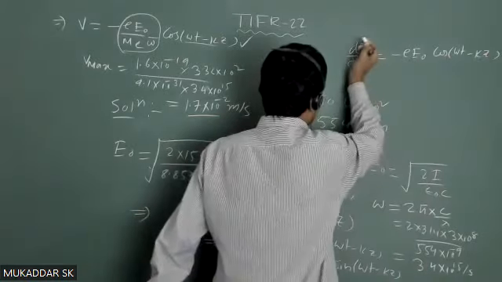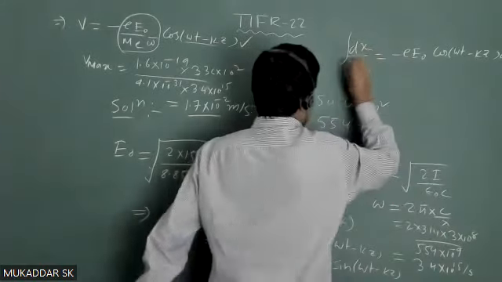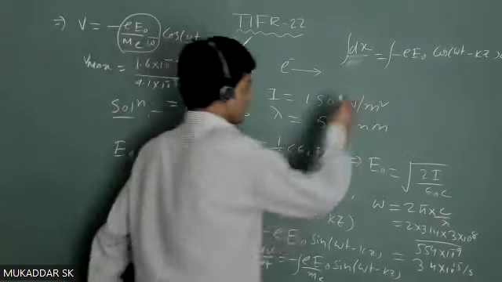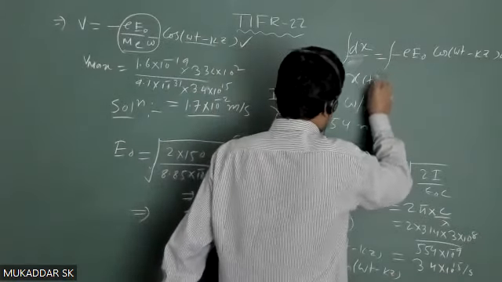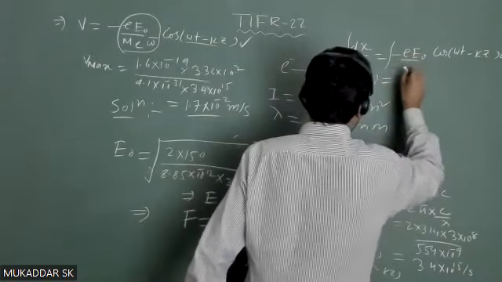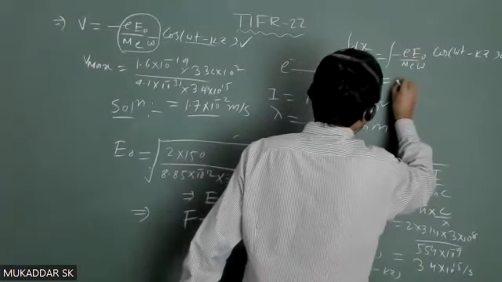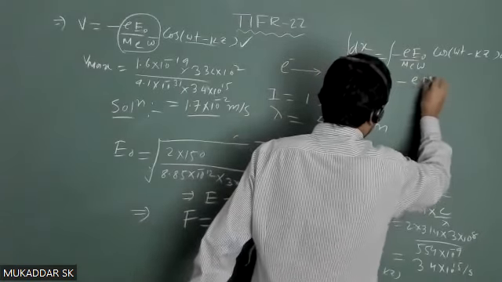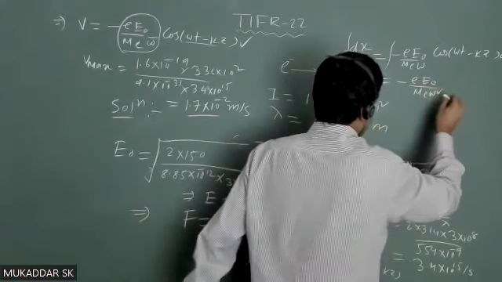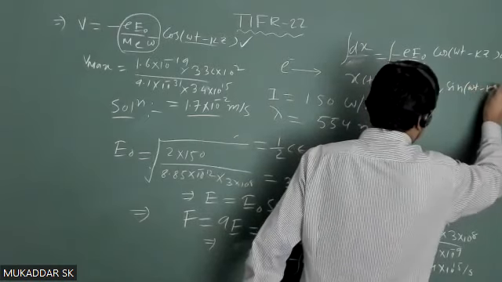If we keep dt this side and integrate, we'll get the displacement as a function of time, or oscillatory displacement. This will give you minus e E naught divided by m e omega square, and then you will have the component sine omega t minus kz.